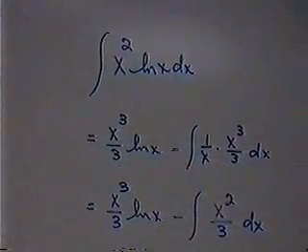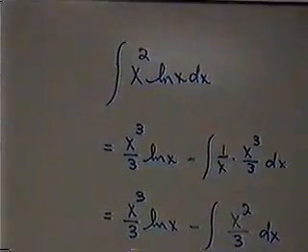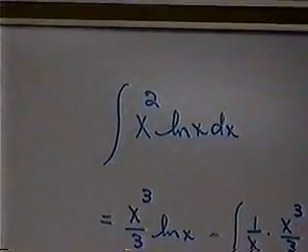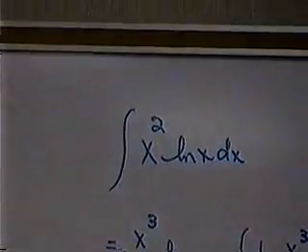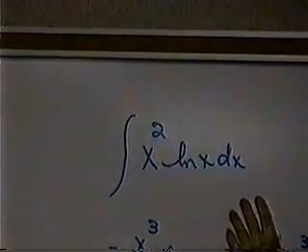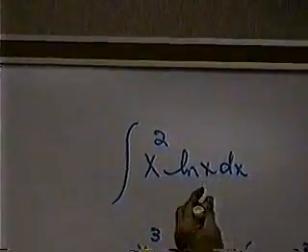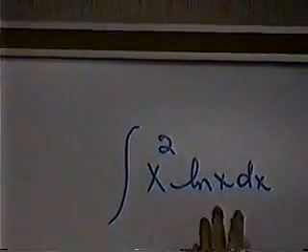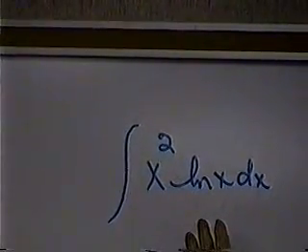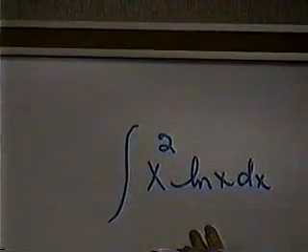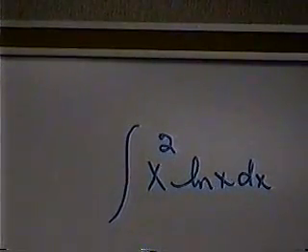Okay, let's look at the first example. The first example is the integration of x squared times the log of x dx. Now when we have this, we're going to let one part be u and another part be dv. The u part we will take the derivative of, and the v part we'll integrate.